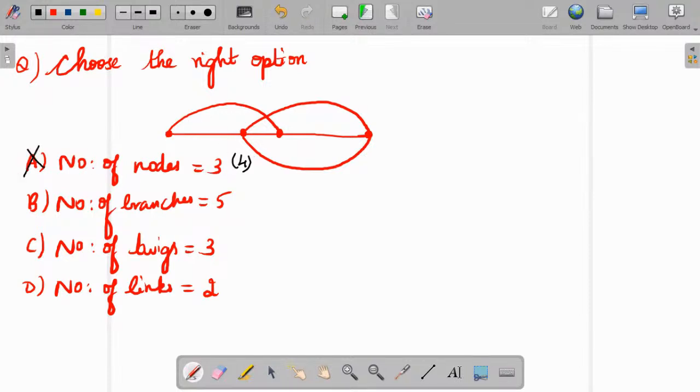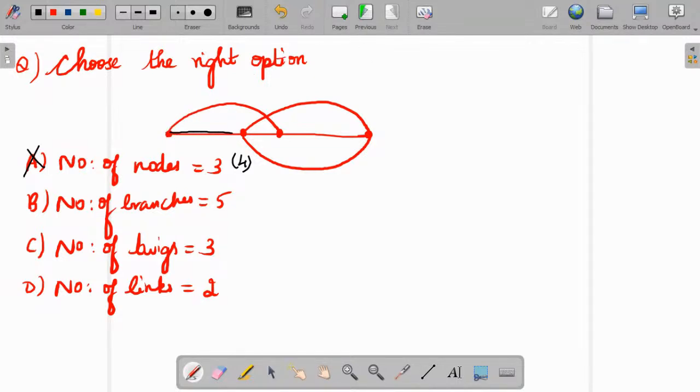So this option will not be correct. How many branches are there? So how many branches are there? We have 6 branches, right?